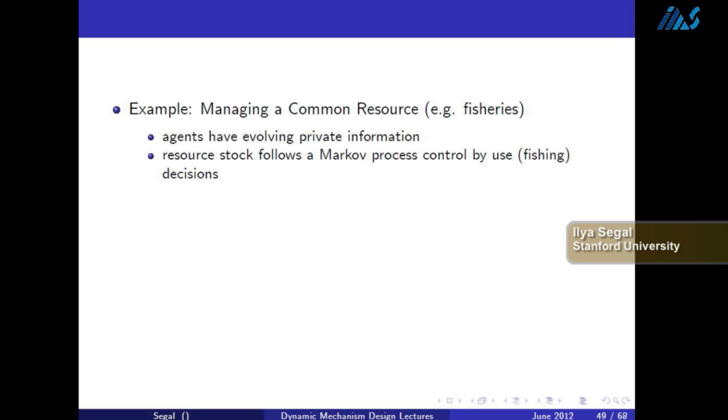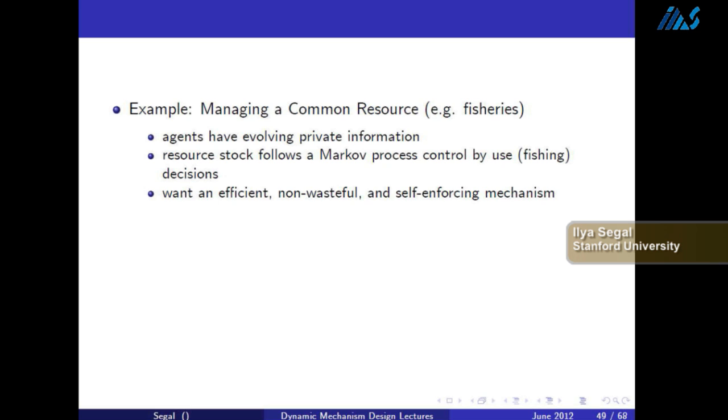You could imagine there is some Markov process for the evolution of the fishing stock, which is controlled by or dependent on how much fishing is going on. In this situation, you would want to find some efficient mechanism for making these fishing decisions, non-wasteful in the sense of budget balance.